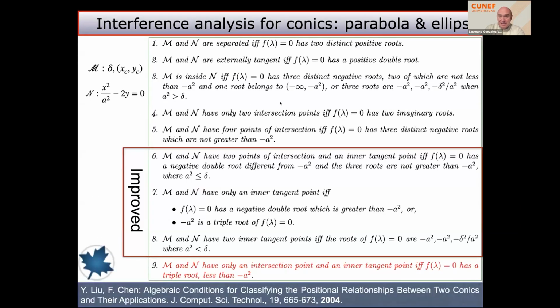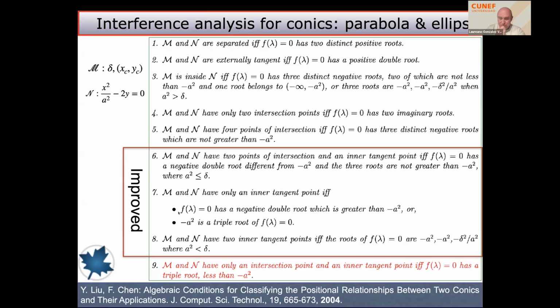So, first, we can characterize all the possible geometric configurations of a circle and the parabola by the conditions on the signs of the real roots of the characteristic equation and other parameters. In this case, the other parameters are a, coming from the parabola, and delta, which is the radius of the considered circle.